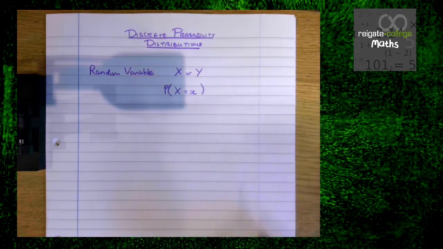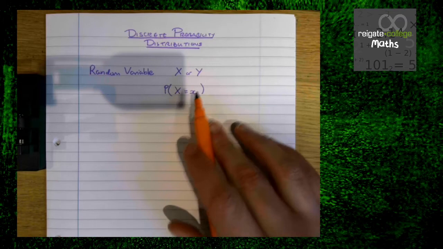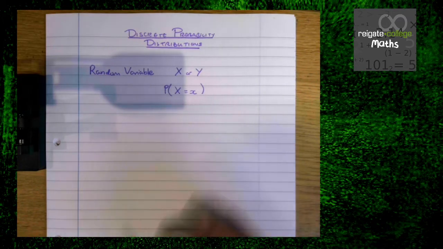Or if x represented the height, we would be looking at the probability of the height being 180 centimeters or something like that. The random variable can have a lot of different meanings, but it's a construct that we need in order to do the maths.